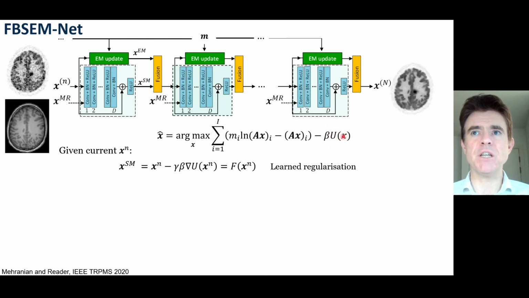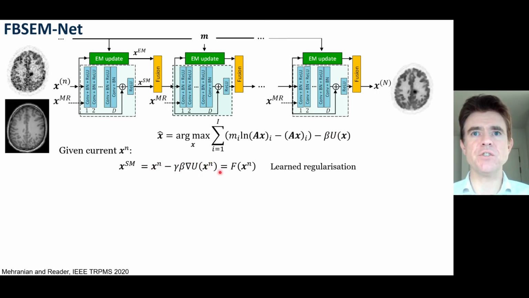Here we're not going to make any claims about it at all, and we're just going to say, well, there is some smoothed update, some denoised update that arises from a gradient descent. So here we've got a step size with a regularizing hyperparameter beta controlling the strength of the penalty applied to the gradient of that penalty function evaluated at our current image estimate.